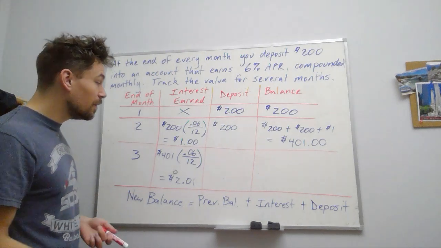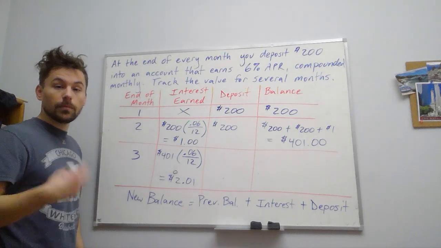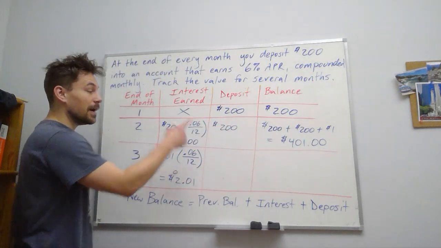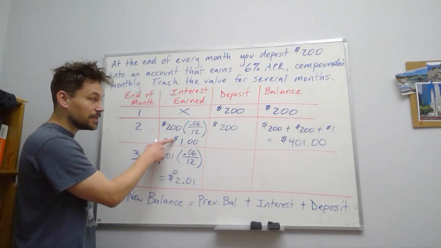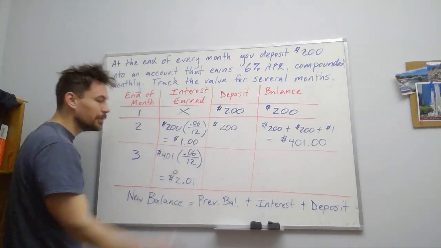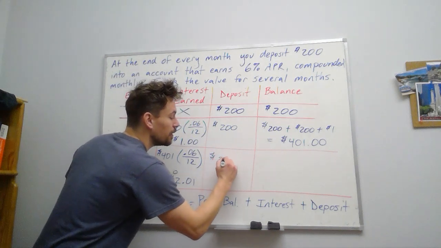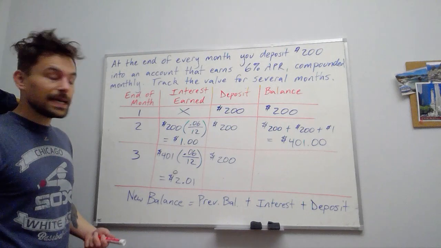Now, of course, we know with compound interest that we're going to gain more and more money over time, because we get to earn not just on our deposits, but on interest we already gained too. So it makes sense this number isn't just double the previous number. We did double how much we deposited, but we also gained a little bit more. We're still going to make a $200 deposit. So how much is in the account now?